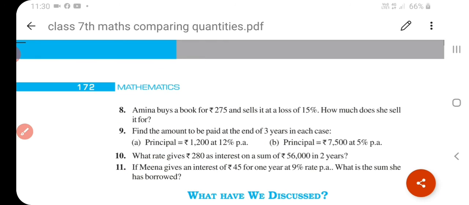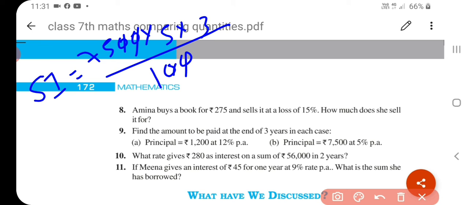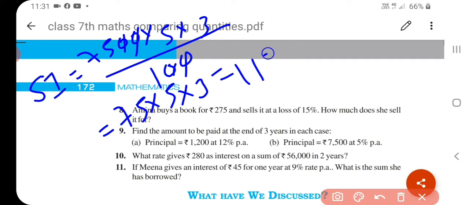Okay, understand? Now the second one is principal P is equal to 7500, R is equal to 5%. So let's find SI. PRT, 7500 into 5 into 3 upon 100. When you multiply 75 into 5 into 3, you get 1125.